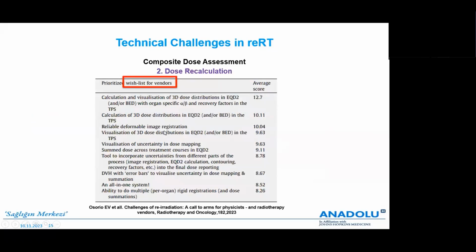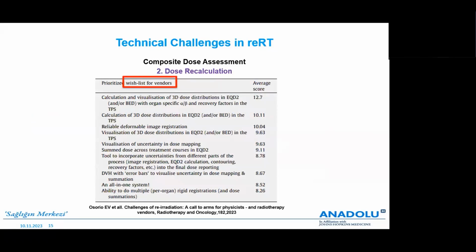I think it's a very new study, and they asked the physicists what they want from the vendors for re-irradiation. So I am a physicist, and what I am asking the vendors to provide for re-irradiation.